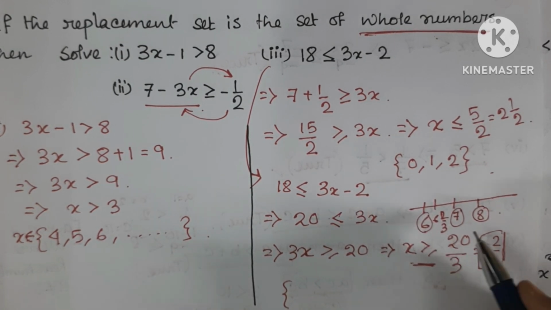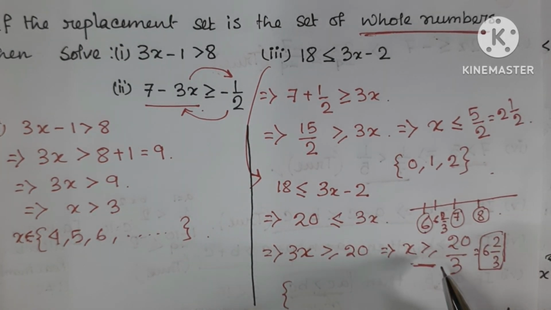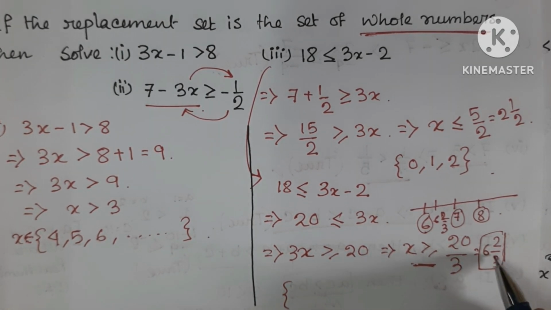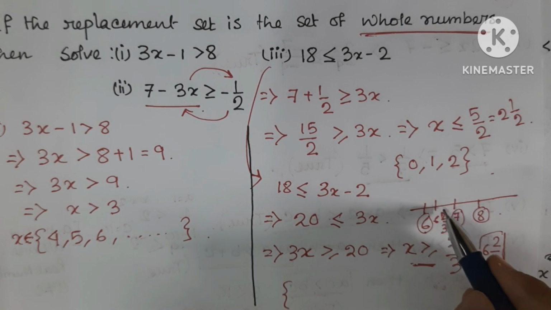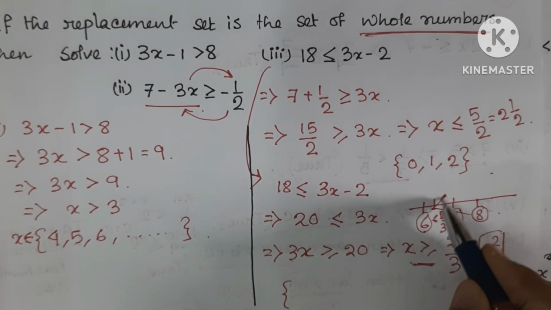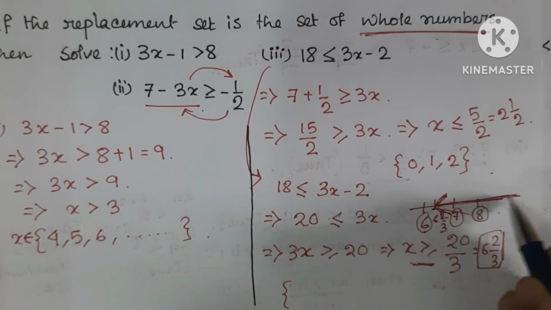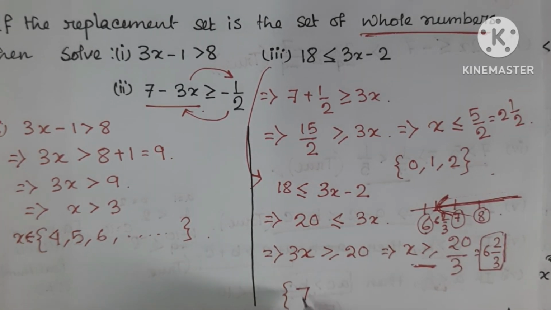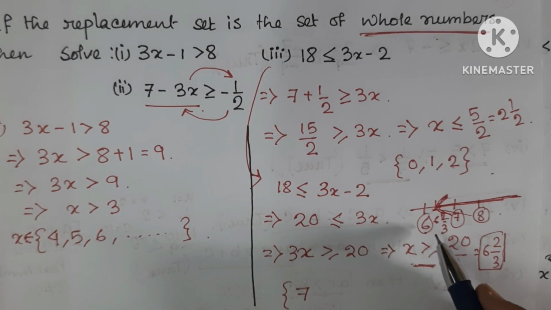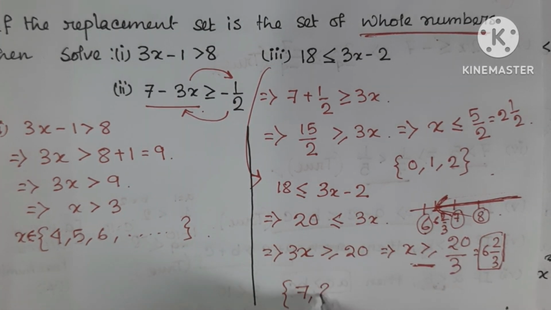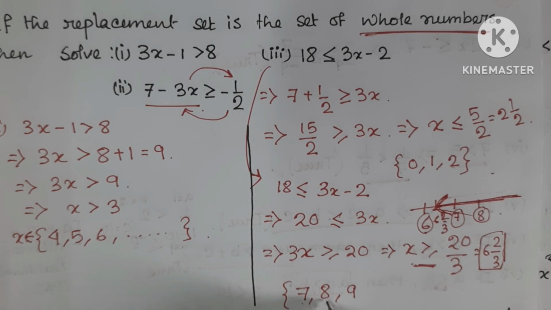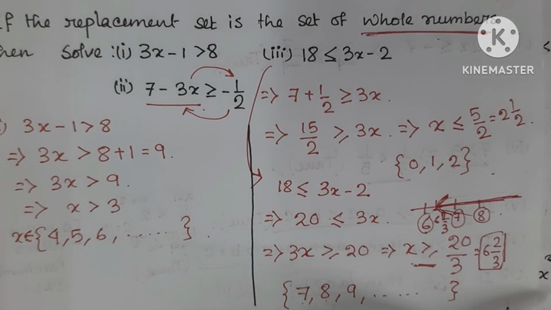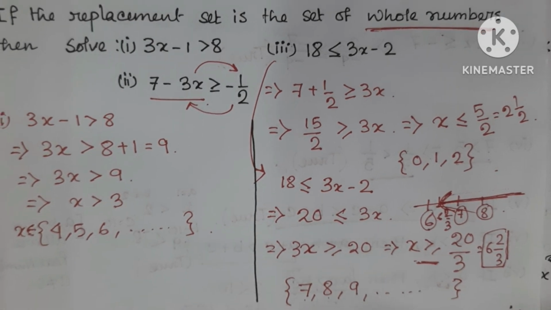It is given that x is greater than or equal to 6 and a 2 by 3, so obviously greater than this one. So 6 is not included here. So the solution set will be 7, 8, 9 and so on up to infinity. Okay. Got it? Now the next one.